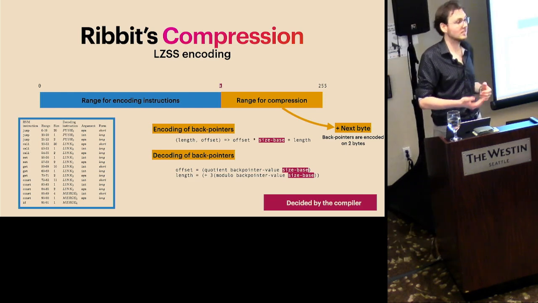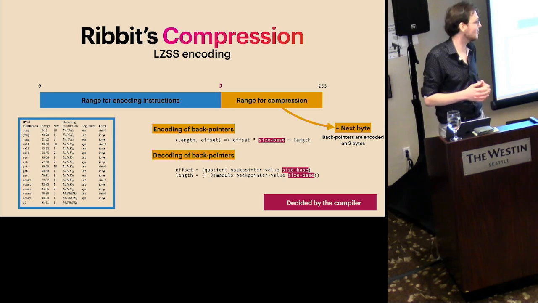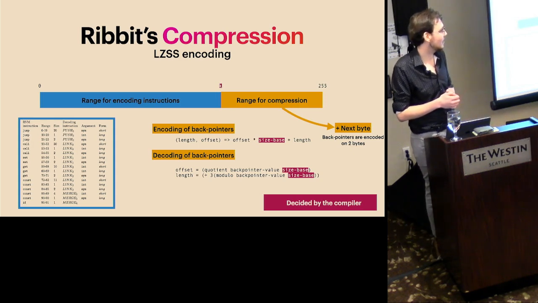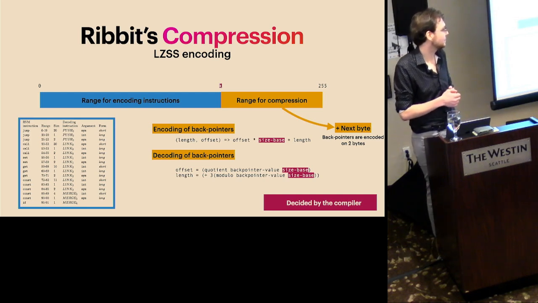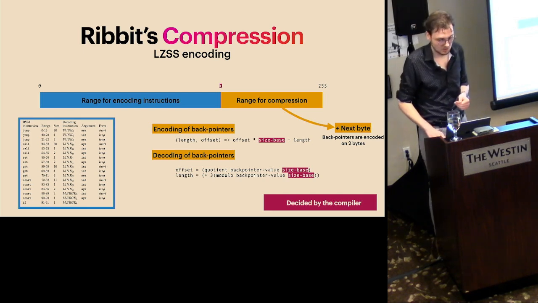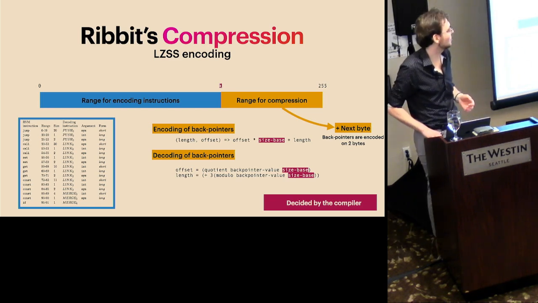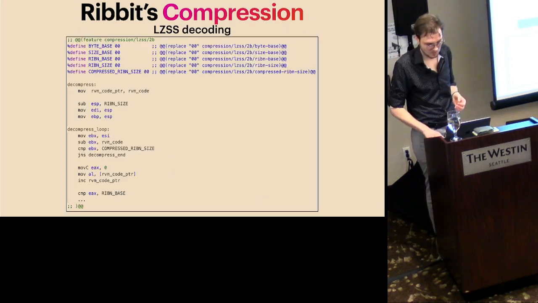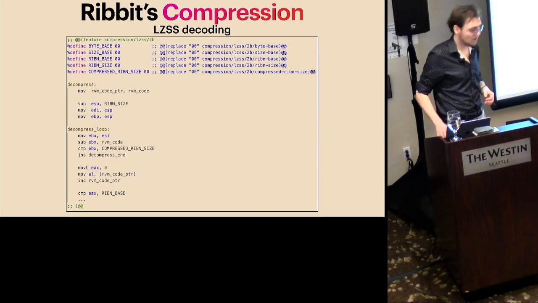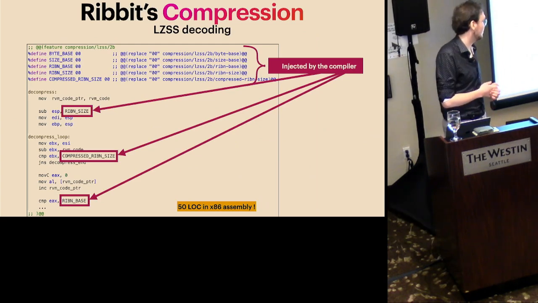This way it lets us decode the back pointers by doing a simple division or modulo operation. So this is the high-level overview of how we compress the code. And in a similar way, we embed the information like this inside the compiler.